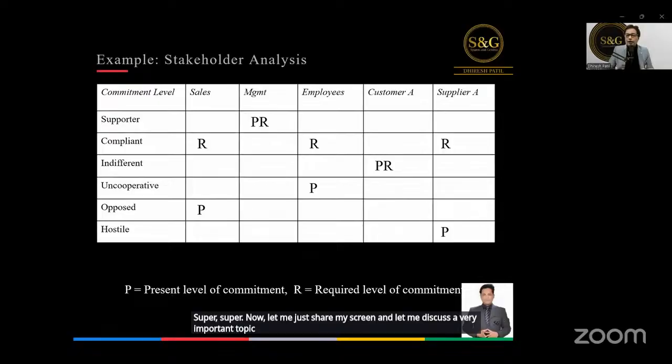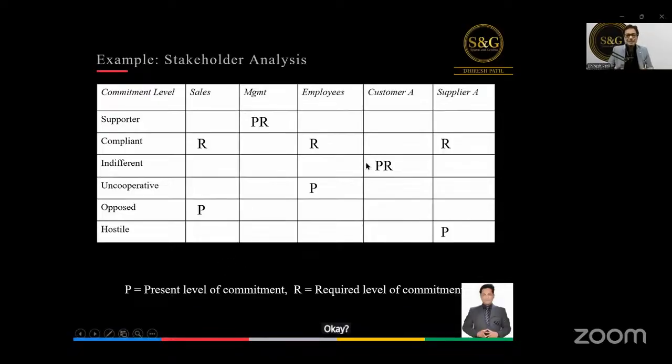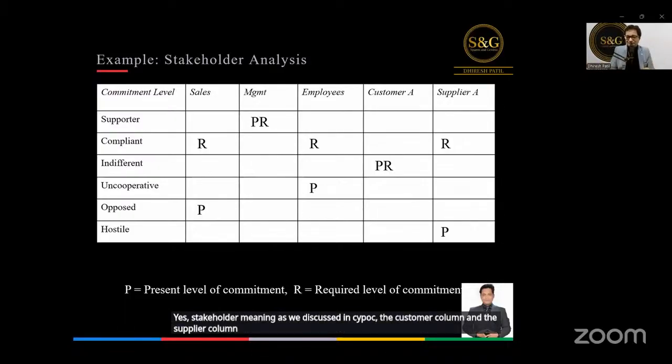Okay, super. Now let me share my screen and discuss a very important topic: stakeholder analysis. As we discussed in SIPOC, the customer column and the supplier column are called stakeholders.